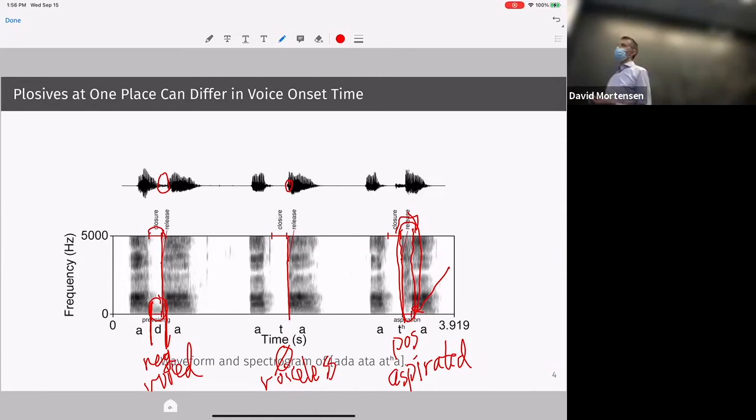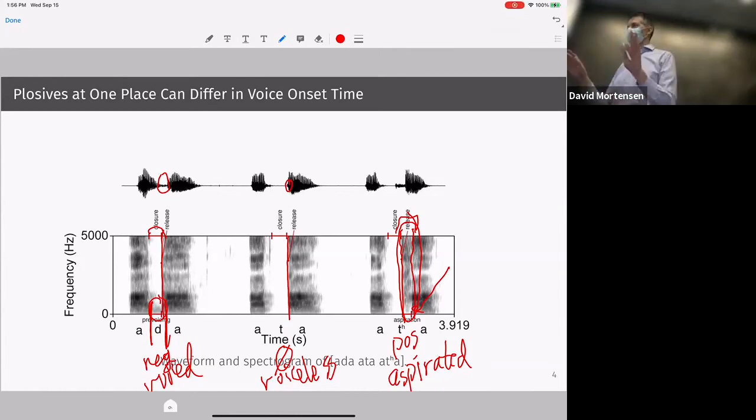So in English, we write David, for example, my name. We write it with a D, and most people would transcribe the first sound as a D. But most people don't actually say it that way. Who says that? I assume nobody says it.